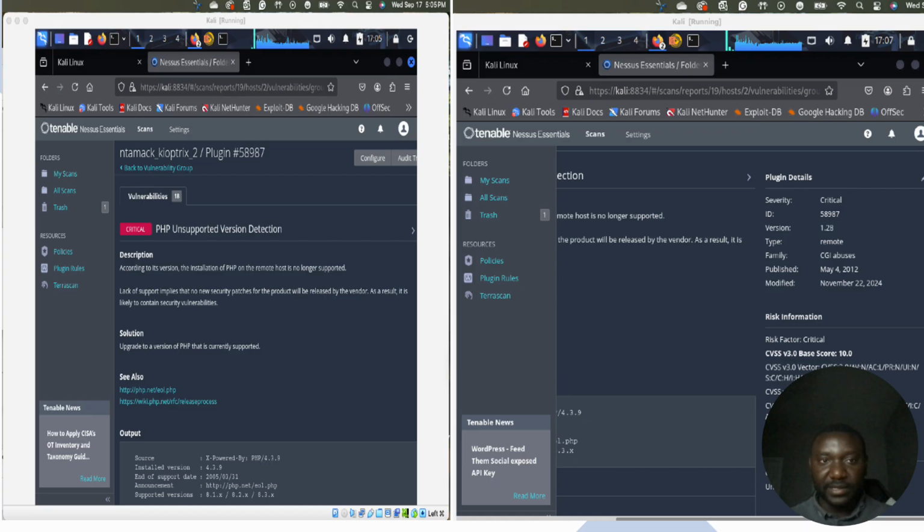By clicking on the vulnerability, we found that an unsupported PHP version was detected, and the only way to mitigate this was to upgrade to a newer version in order to harden or secure the system. And then you can see on the right side you have more detail about the plugin details and the risk information.